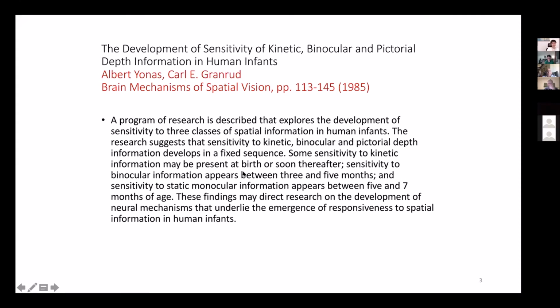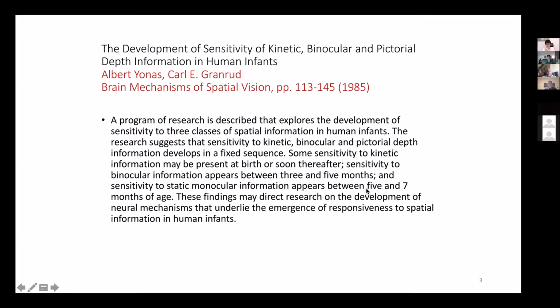Next comes sensitivity to binocular information, which appears between 3 and 5 months. So between 3 and 5 months, you use your 2 eyes. You're able to fixate, make use of the disparity signal for depth. And then sensitivity to static monocular information appears between 5 and 7 months of age. So after that, we can see depth even in a single picture.